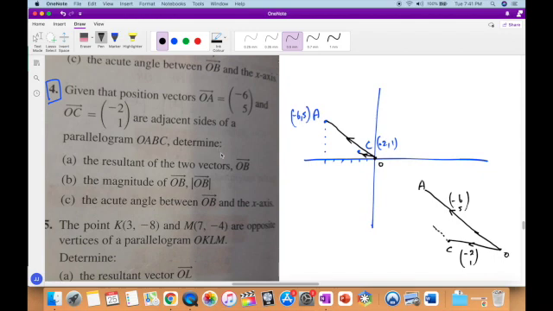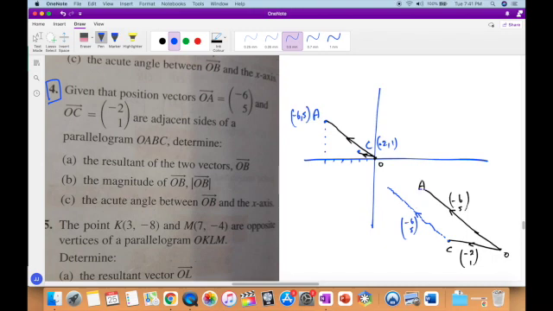So obviously I have to make a parallelogram, and so what I'll do is I'll make a side that's parallel to OA, right? And this side will also be negative 6, 5, because it's parallel and equal.